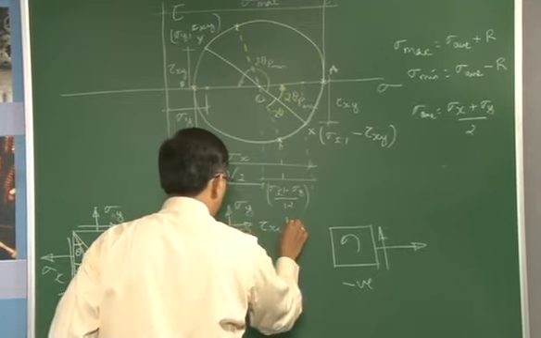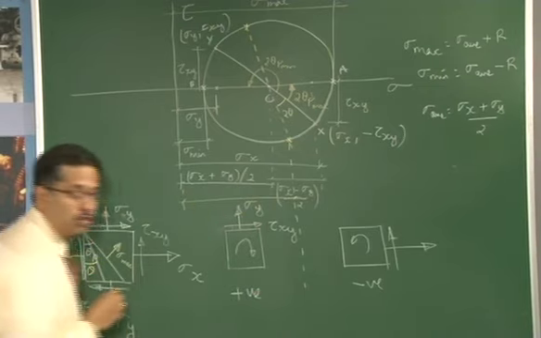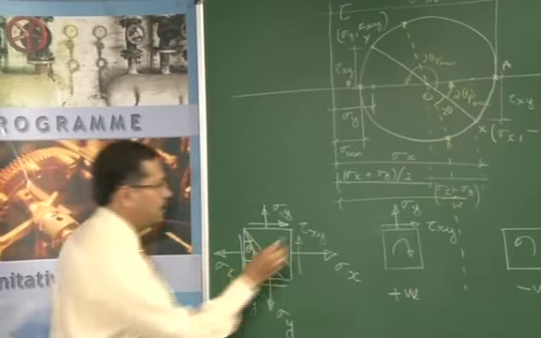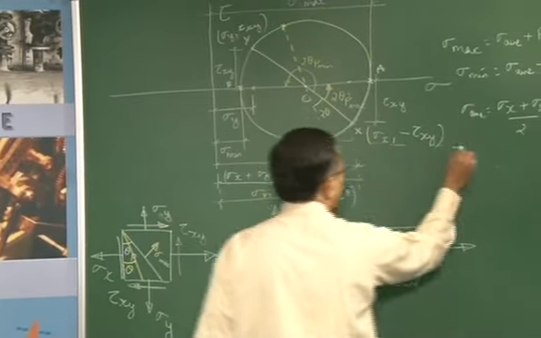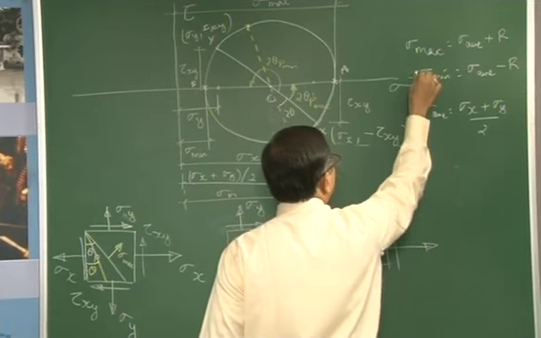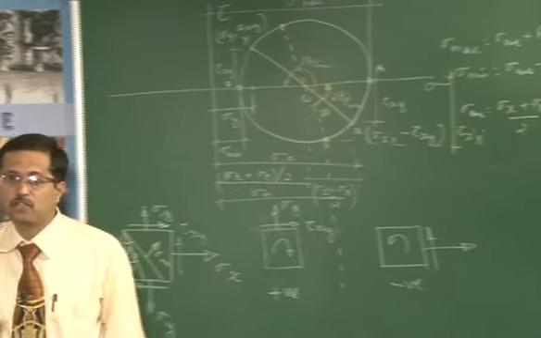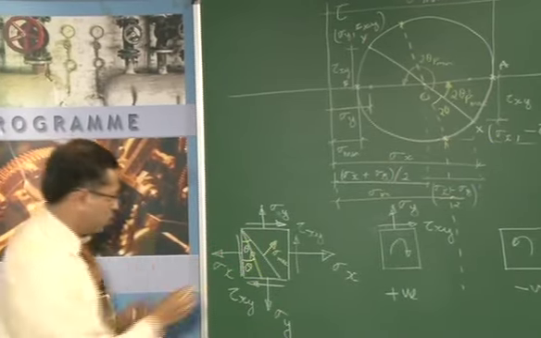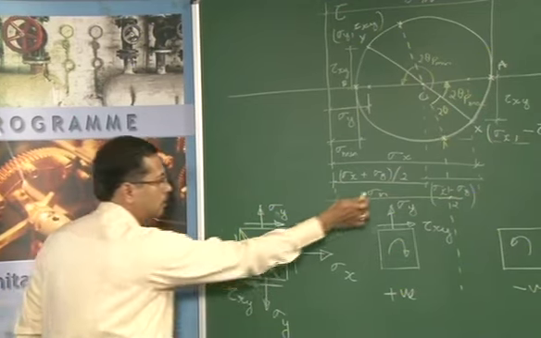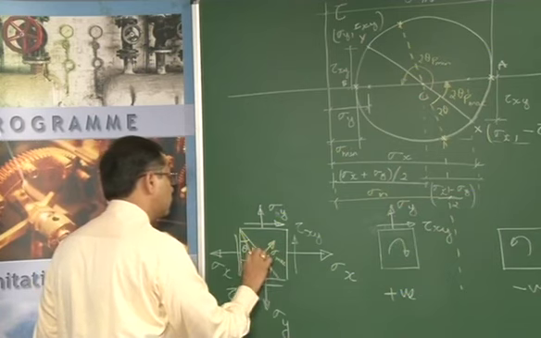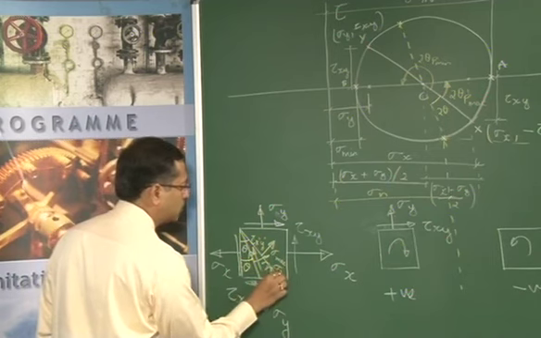This value from the origin corresponds to the normal stress acting on this plane, which is sigma n, and this value from the x axis corresponds to tau x dash y dash, the shear stress acting on this plane. So, the normal stress is sigma n, and the shearing stress is tau x dash y dash, or we can also write this as sigma x dash.